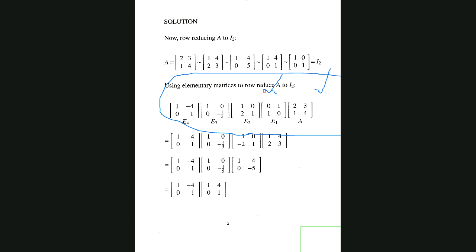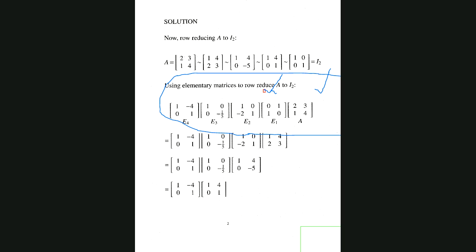By taking negative 2 times the first row, adding it to the second row, and replacing the second row by that result, I get the elementary matrix that, multiplied by 1, 4, 2, 3, gives me the matrix 1, 4, 0, negative 5.